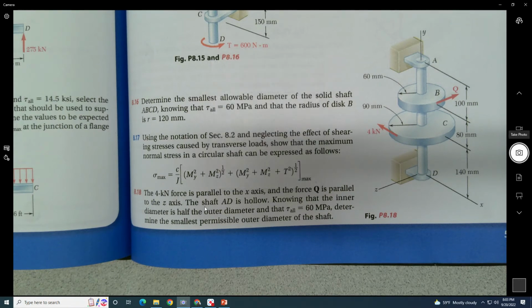Anyway, okay, so let's just pick a diameter of, we'll eyeball it at 20 millimeter shaft. So first thing, we have this unknown Q that we need.